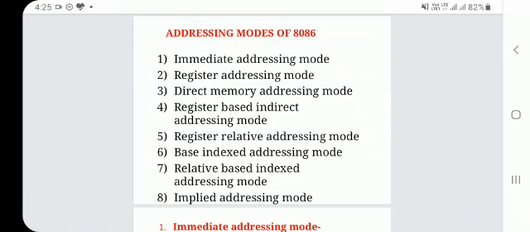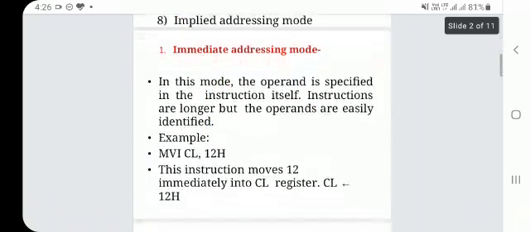These are the 8 different addressing modes: immediate addressing mode, register addressing mode, direct memory addressing mode, register based indirect, register relative addressing mode, base indexed addressing mode, relative based indexed addressing mode, and implied addressing mode. Now we will discuss them one by one.